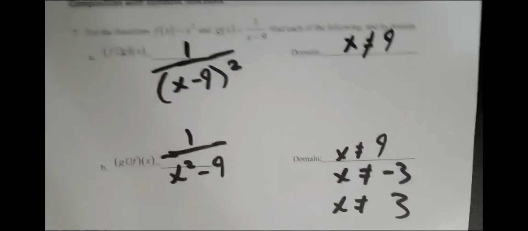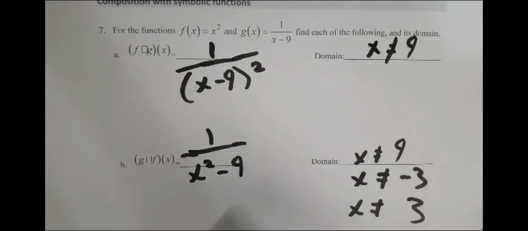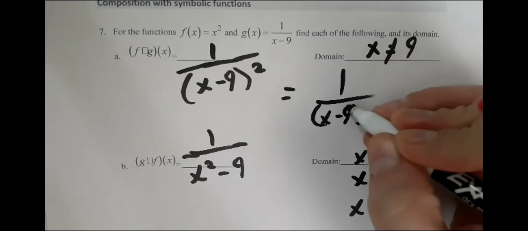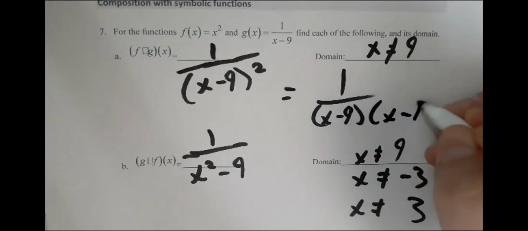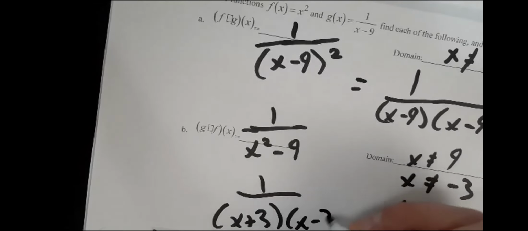And then the other question: if I do f of g or if I do g of f, doesn't matter what order I do these things in. Are these the same thing? They are absolutely not. And again, I can do this in expanded notation. This is like 1 over x minus 9 and x minus 9 over here. If we want to write it factored, this is like 1 over x plus 3, x minus 3. They are not the same factors.